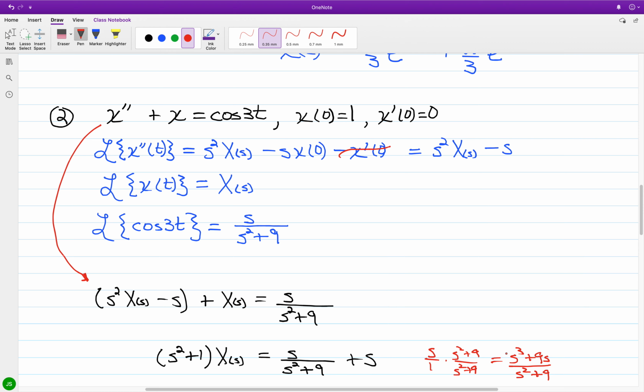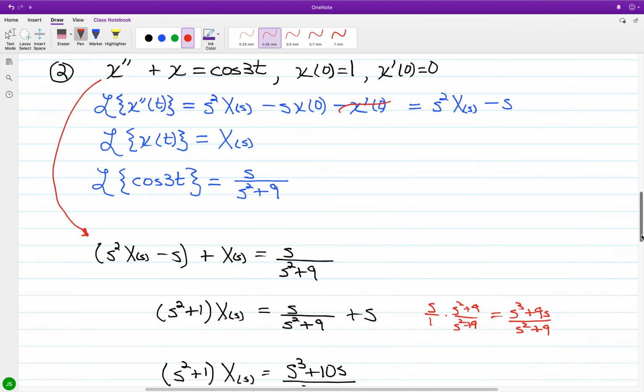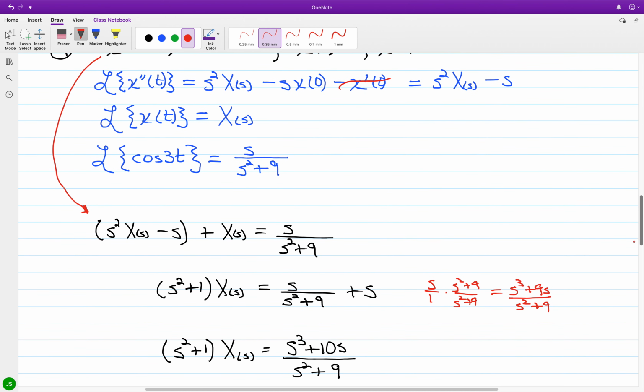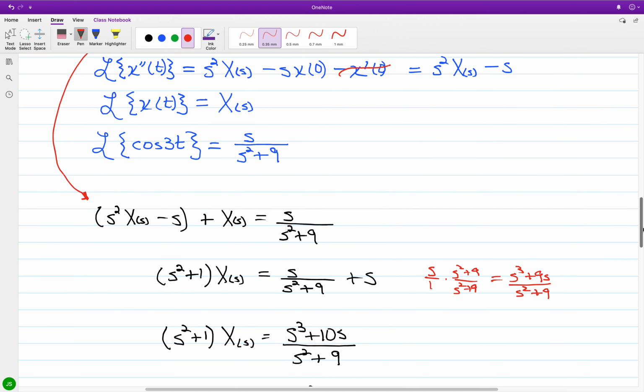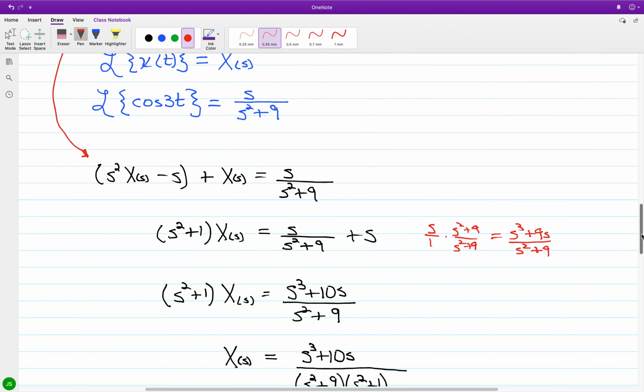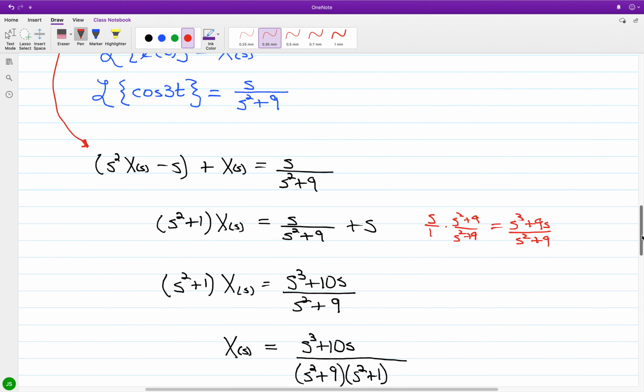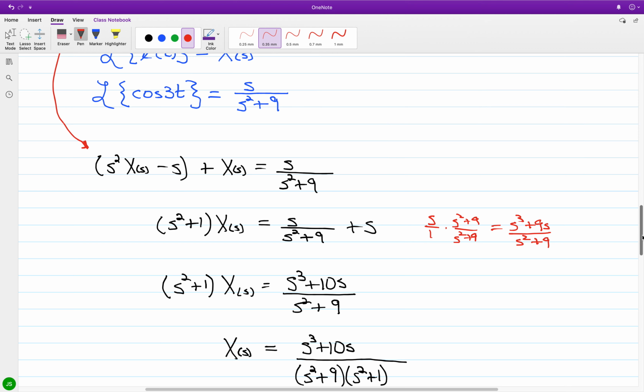Once I combine these two numerator terms with s, I have s cubed plus 10s over s squared plus 9. Isolating the Laplace transform variable X(s), it comes out to s cubed plus 10s all over the product of s squared plus 9 and s squared plus 1.